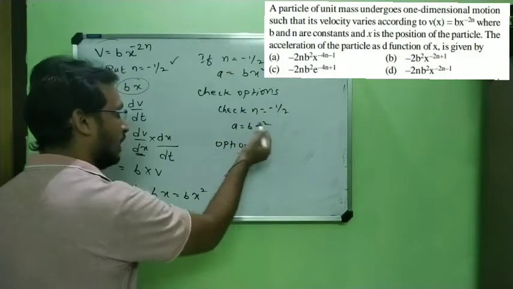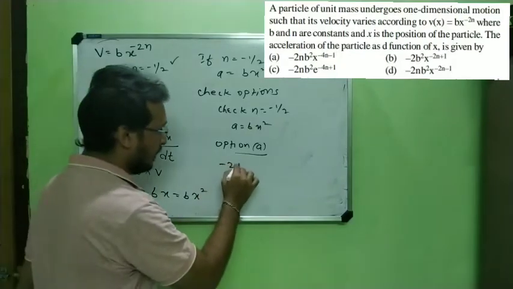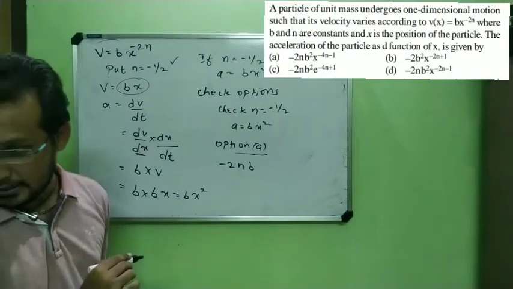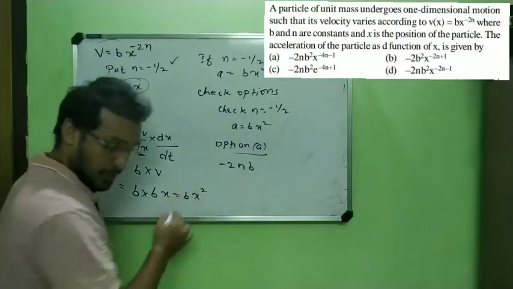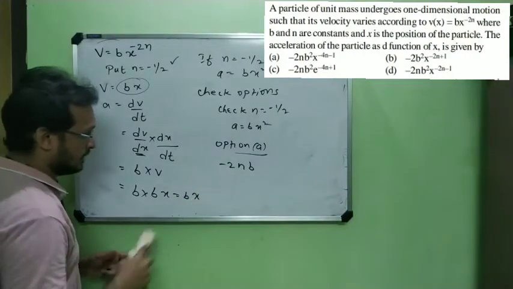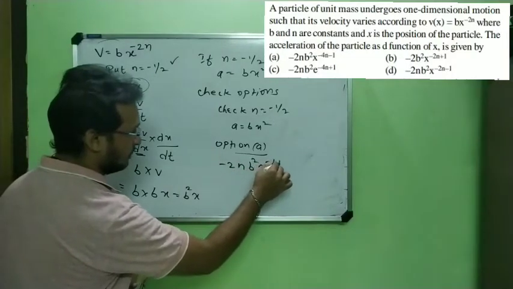What is option A given? This is b square x raised to minus 4n minus 1.